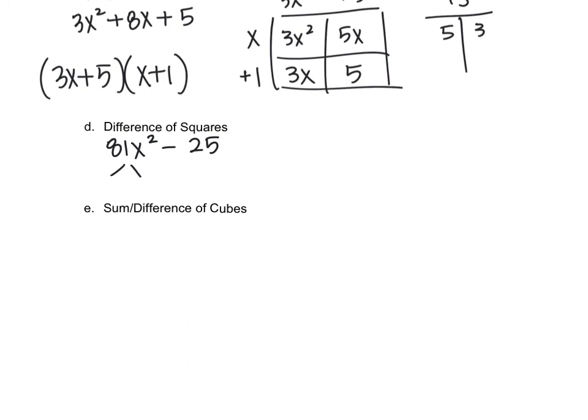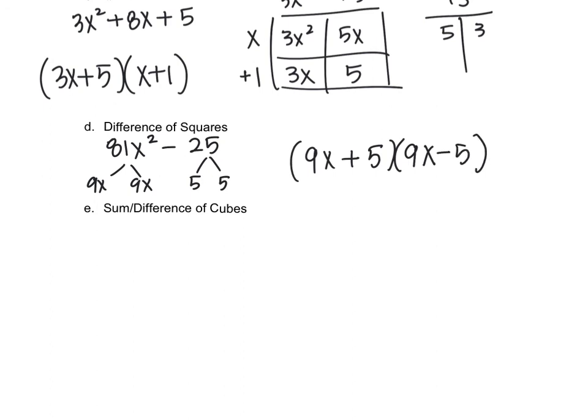So what times itself is 81x squared? And that's 9x and 9x. And then we look for what times itself is 25, which is 5 and 5. So when you factor it, it's the same thing in both sets of parentheses, but one's a plus and one's a minus. So we have 9x plus 5 and 9x minus 5.